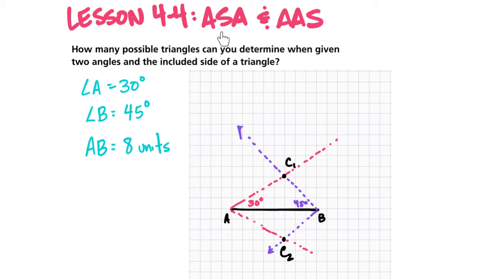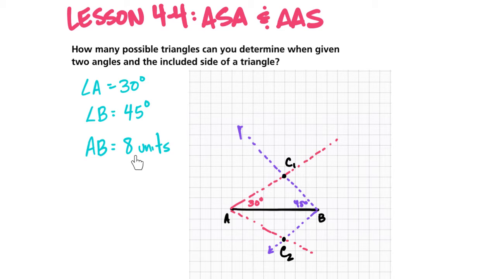So the idea behind this example is that if I have these requirements, that segment AB has to be a certain length, angle A has to be a certain angle measure, and angle B has to be a certain measure, then there's really only one triangle that I can build using those measurements.